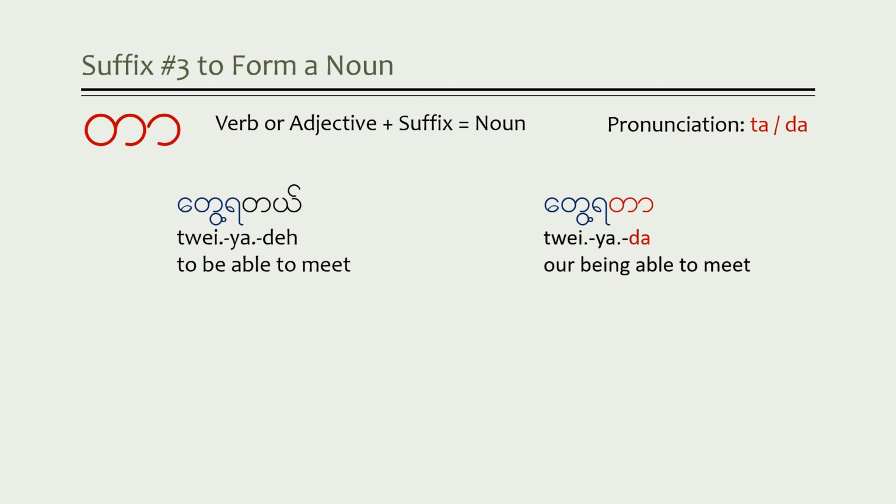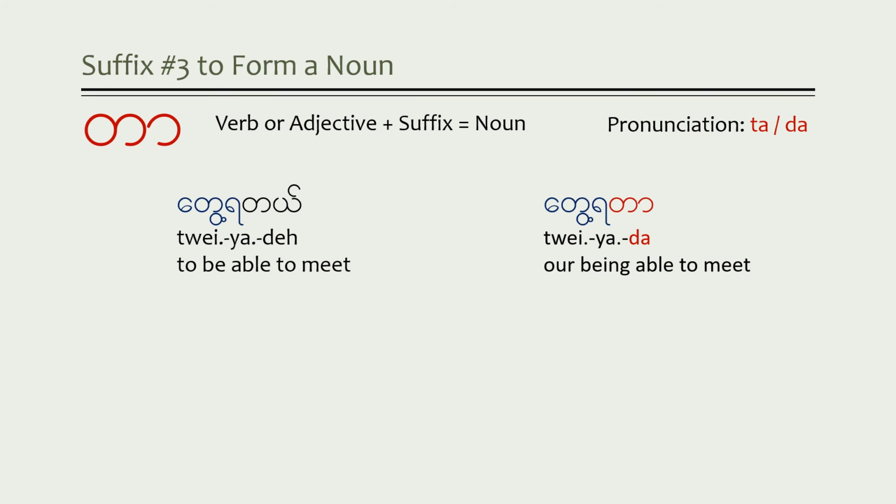Now, the verb here is a combination of two verbs, to meet and to be able to. So it means to be able to meet. So in Myanmar, the phrase you'll use when meeting someone turns this verb into a noun. It becomes dueada and basically means our being able to meet as a thing, as a noun.